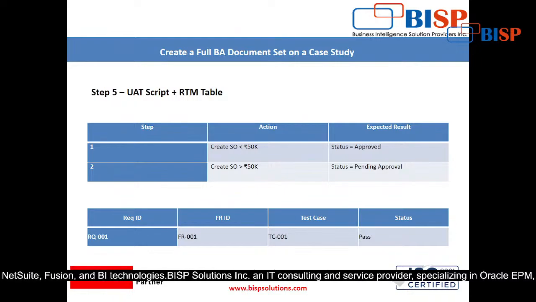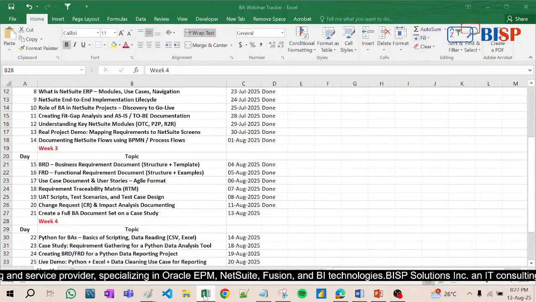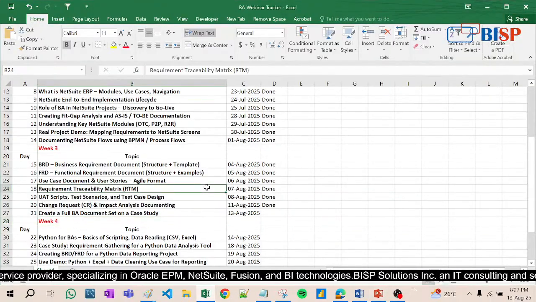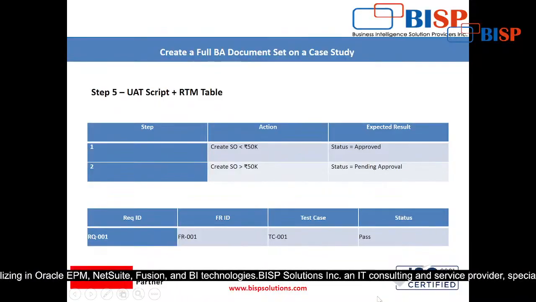Okay, now create a full business. See, in our step 5 we have to do the UAT script. We have to write down the UAT script, and here is our requirement traceability matrix table. Requirement traceability matrix we have also discussed in our sessions, so you can go through that session also.